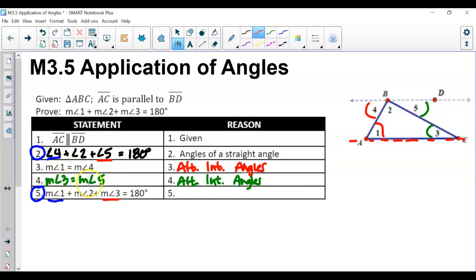Well, notice that they are equal to each other. So here, ultimately, what did we do? We substituted these equal angles in the place of what we had here before. So that's how we can show that the angles 1, 2, and 3, which are all inside of the triangle, add up to 180 from here. So this is using substitution.